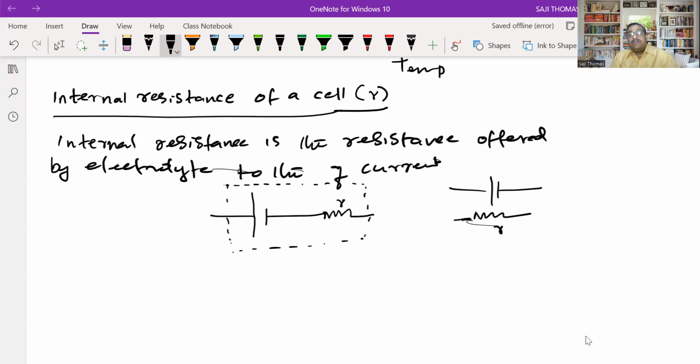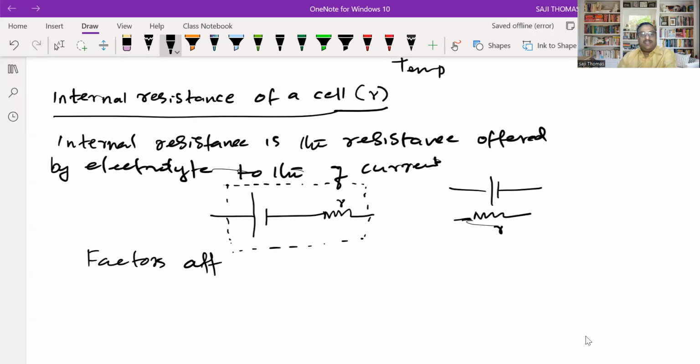Internal resistance depends on temperature. As temperature increases, internal resistance of a cell decreases, because mobility of ions increases. And internal resistance also depends on the area of the electrodes in contact with the electrolyte. So these are the factors affecting internal resistance of a cell.